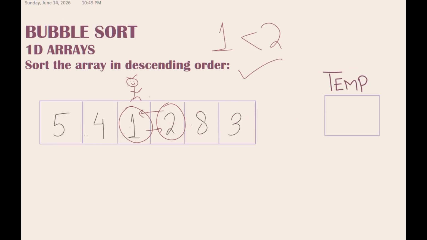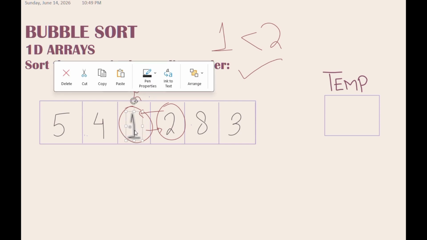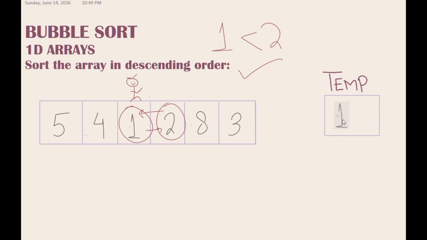Now I want to move this 2 into the position where 1 is. However, in this position, 1 is already occupying the space. So how is 2 going to move to the 1 position? We are going to first take this 1 out of the array and place it into a temporary variable in this box.